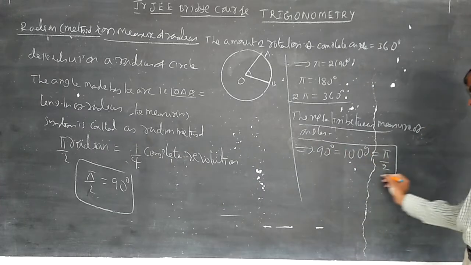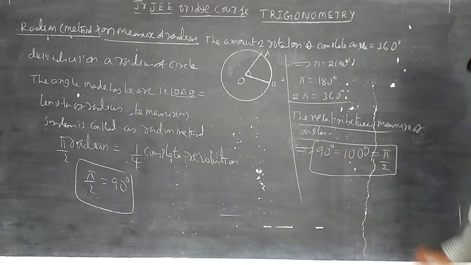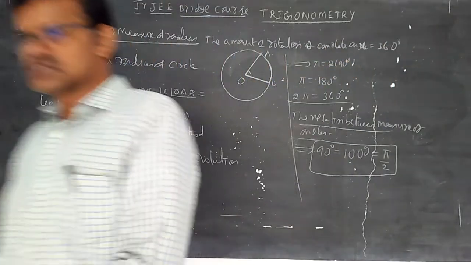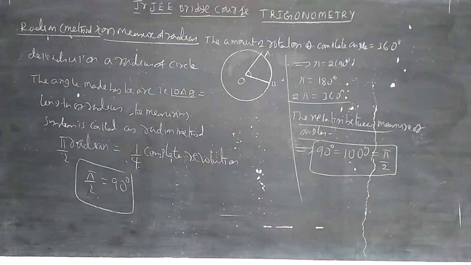Students, this is the main point which I want to discuss with you. 90 degrees is equal to 100 grades is equal to pi by 2 radians.